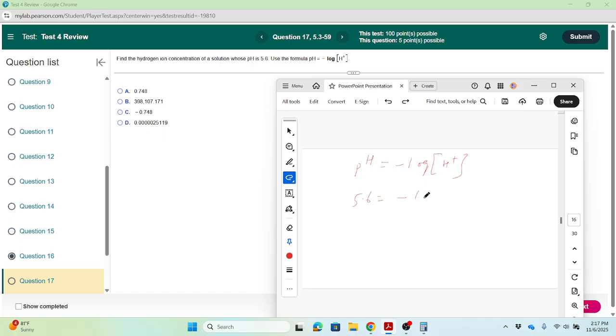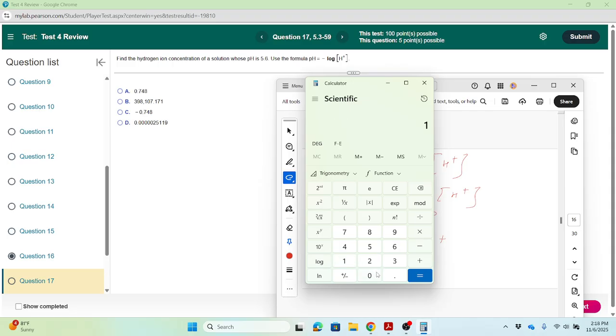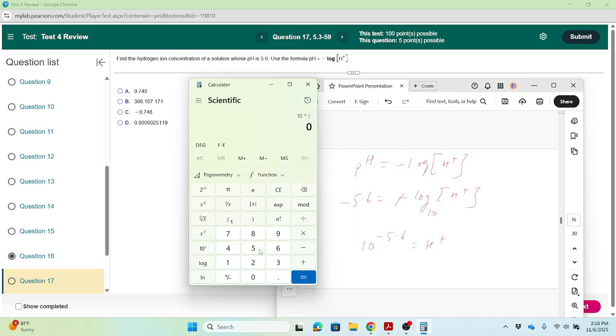So negative log H plus equals 5.6. Now you can go from log to non-log because the log has base 10. So H plus is 10 to the power negative 5.6. How do you do that? 10 to the power negative 5.6 is actually 2.51 times 10 to the power negative 6, which means dividing by 1 million.